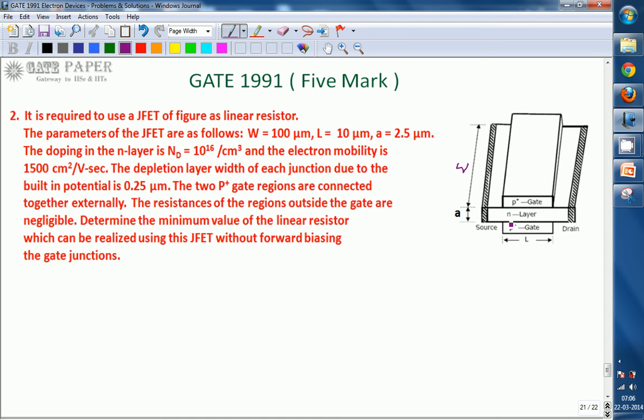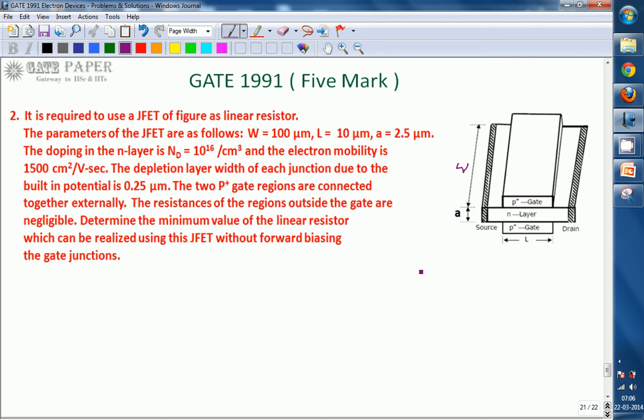Now you have two junctions, so 0.25 micrometers from above and 0.25 micrometers from below will be occupied in the A area. That is, the effective channel height will be reduced by 0.50 micrometers, twice the depletion layer width. Have you understood this? Okay, next.